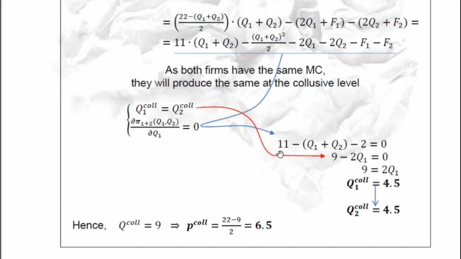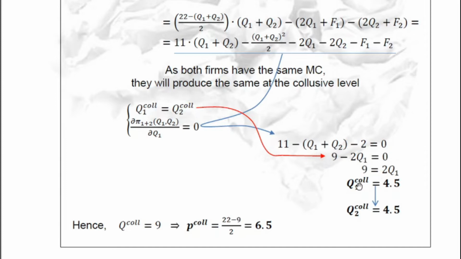So 11 is the derivative of this with respect to, for example, Q1, minus 2, it goes with the other two, Q1 plus Q2 minus 2 equal to 0. 11 minus 2 is 9, minus 2 Q1, because in the place where Q2 is, we introduce Q1, equal to 0.